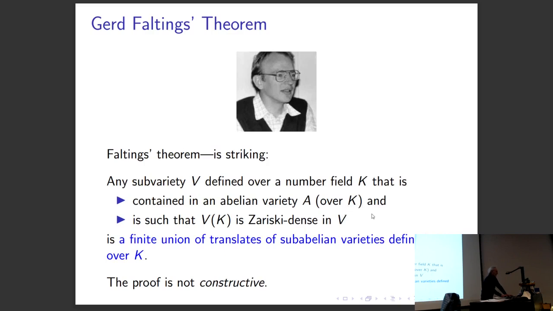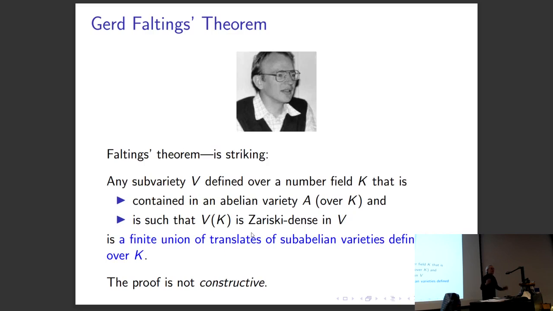Apparently, it turns out that V(K) is Zariski dense in V if V itself is a finite union of translates of sub-Abelian varieties defined over K. What does that mean?